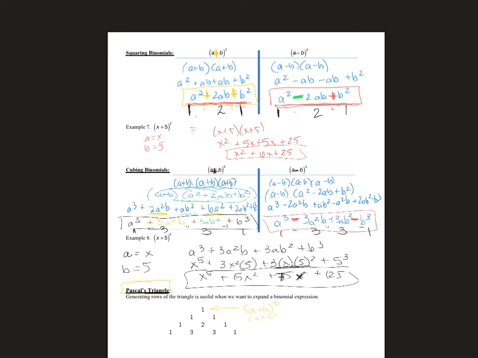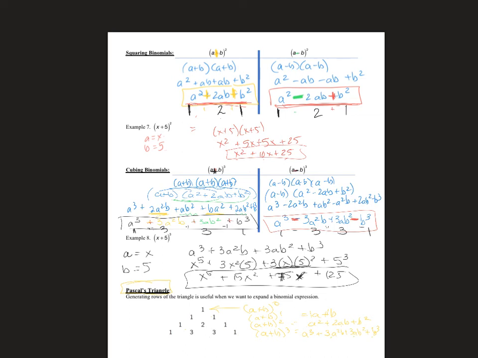A plus b to the first is just a plus b: 1, 1. A plus b squared is a squared plus 2ab plus b squared: 1, 2, 1. Notice these. This is a plus b cubed, which is a cubed plus 3a squared b plus 3ab squared plus b cubed: 1, 3, 3, 1.